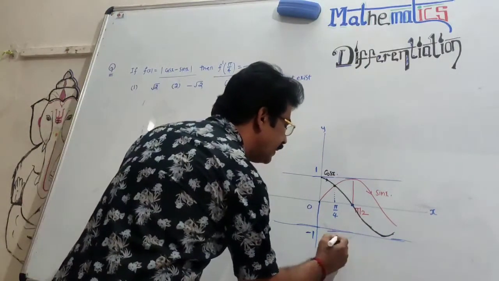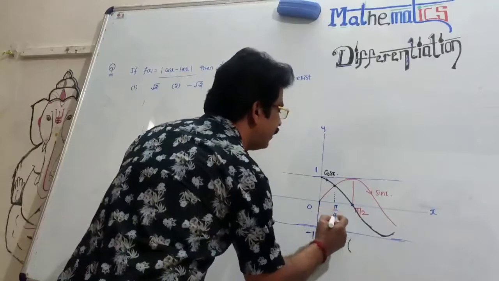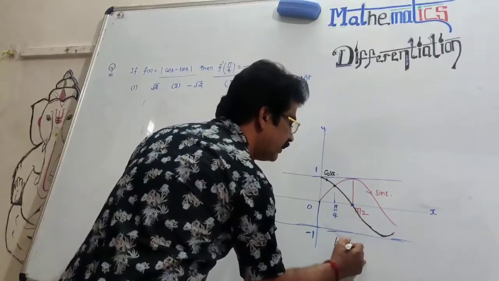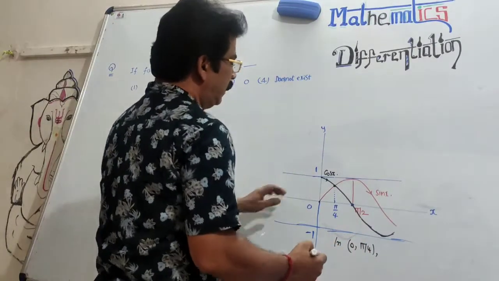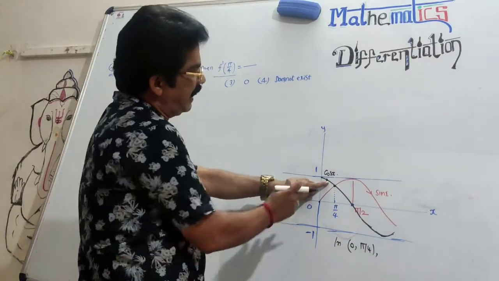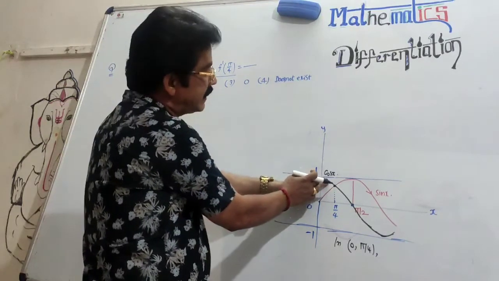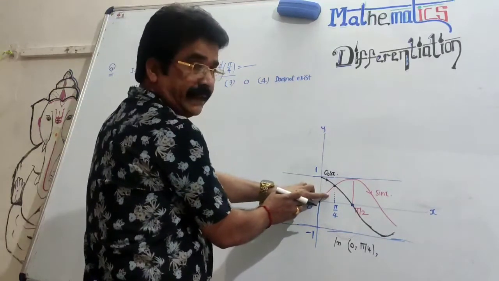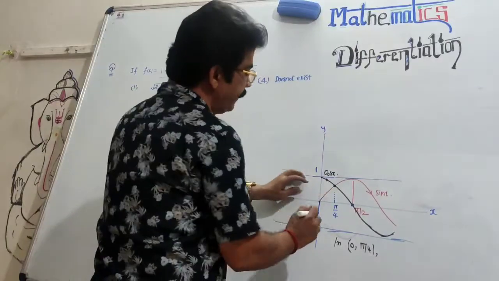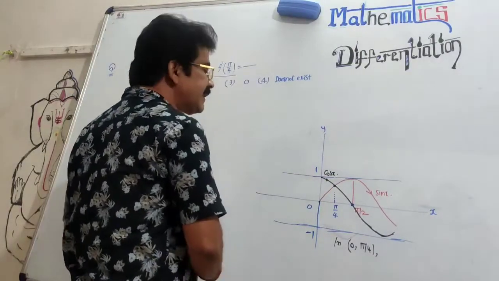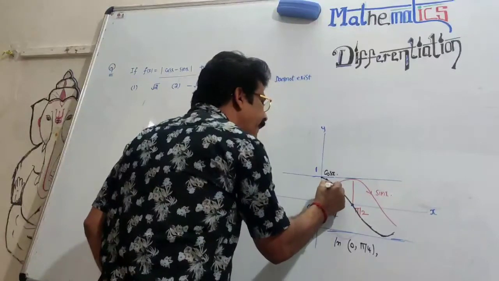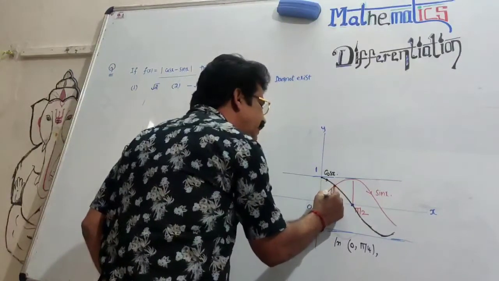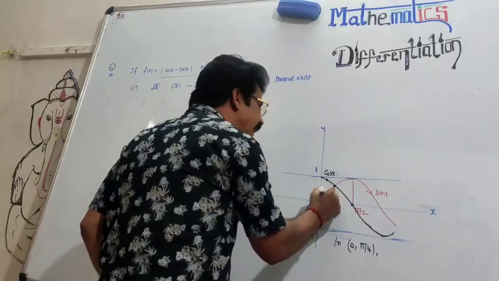So clearly we see that in the open interval of 0 to pi by 4, cos x is greater than sin x. Understand? Means in this area sin x is bounded with a minimum area.